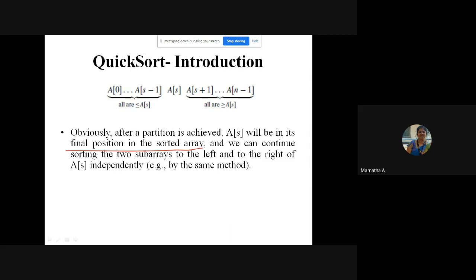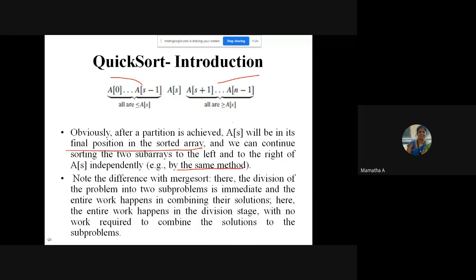Again, independently. I'll take this one first and this is the second one, independently, by choosing the same method which I followed, that is selecting the pivot and other things. And remember that with merge sort, you can observe that I divide the problem into sub-problems, and after that I combine the solutions.